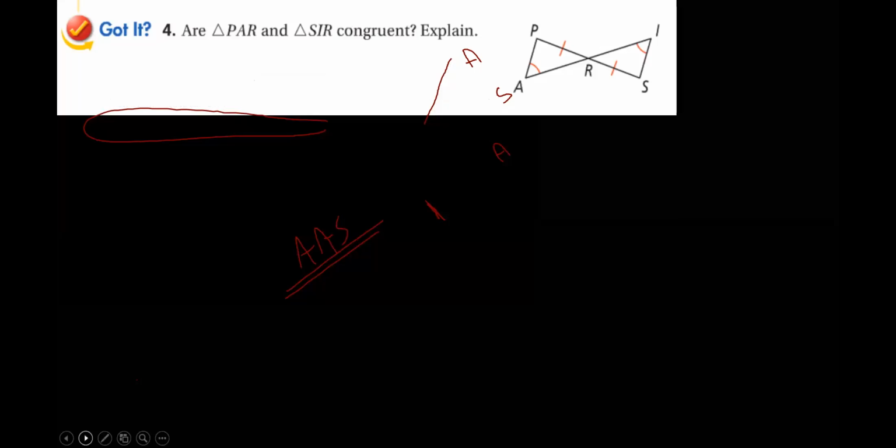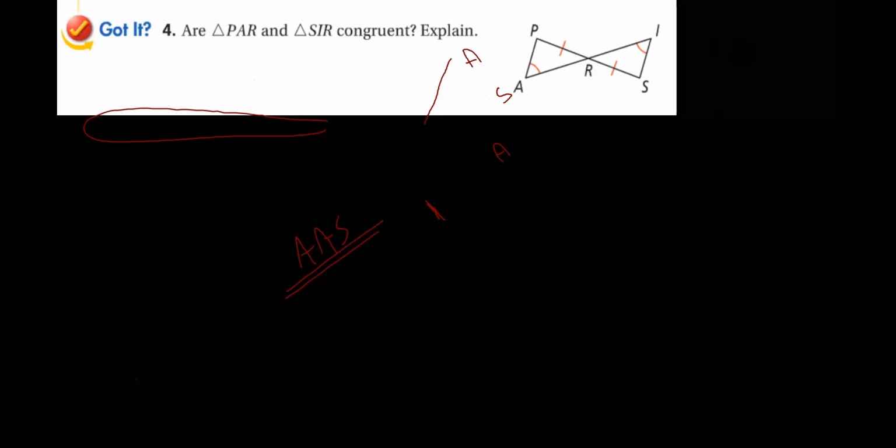Now, let's see this one. Triangles PAR and SIR, are they congruent? Explain. Look at them here.